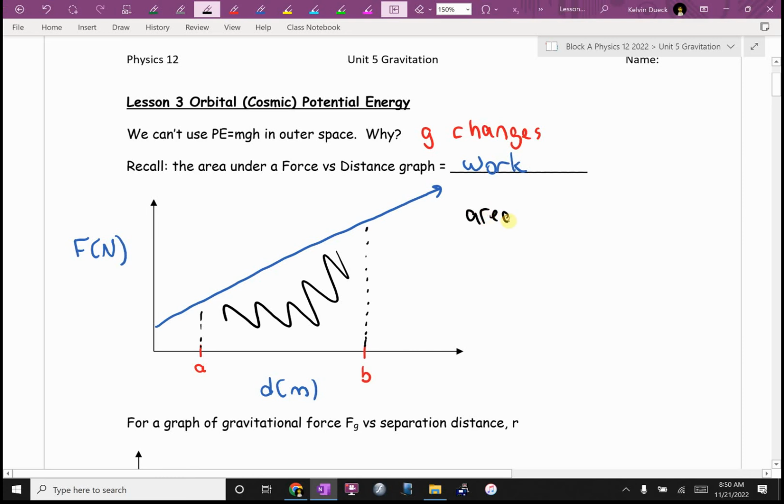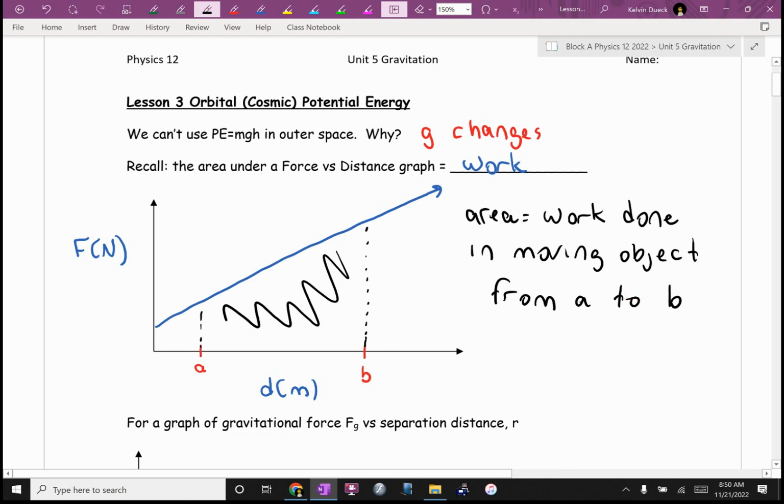This area is the work done in moving an object from location A to location B. And since work is measured in joules, it's also telling me how much energy was required to move this object from location A to location B. Got the argument okay?